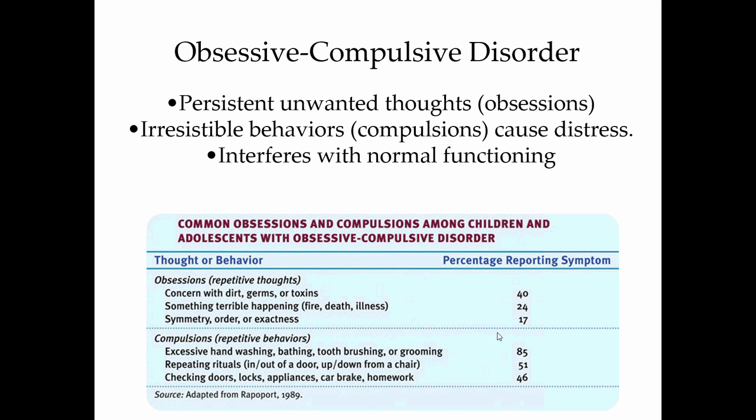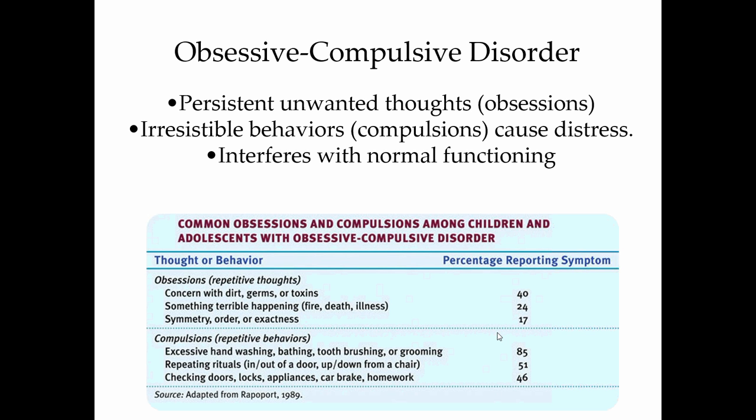Next on our list is obsessive-compulsive disorder. This used to be listed amongst anxiety disorders. In DSM-5, though, there is a new section of compulsive disorders that this has been placed in. In this disorder, the person has obsessions. Obsessions are mental things, persistent and unwanted thoughts or urges that the person has.